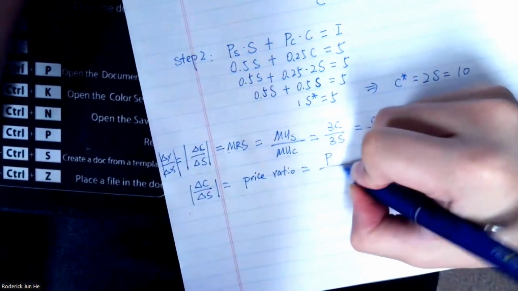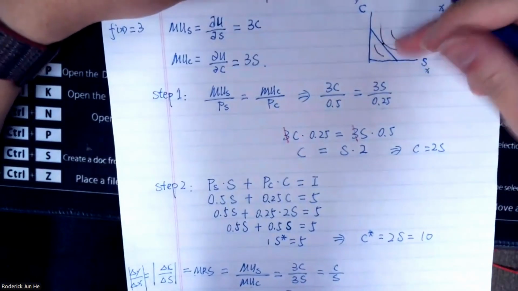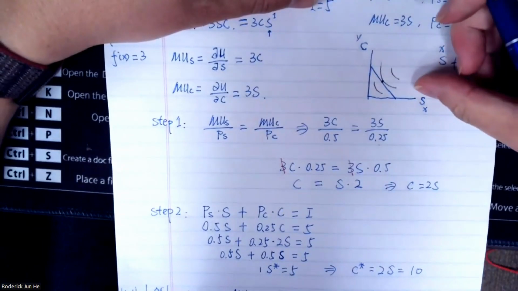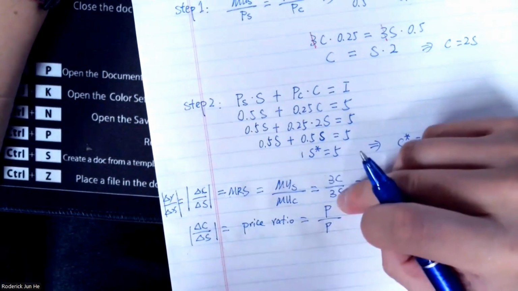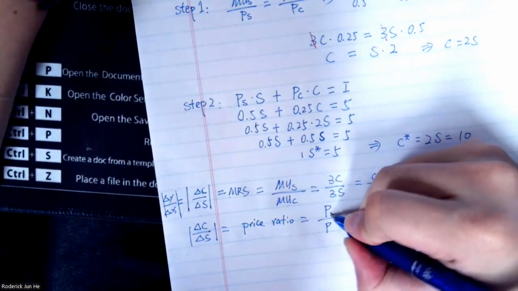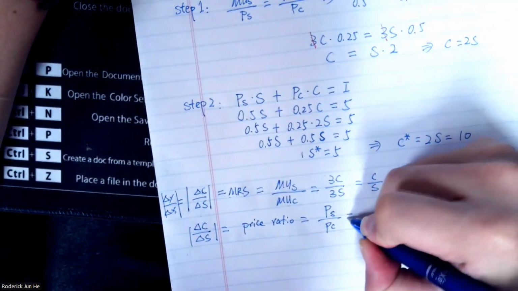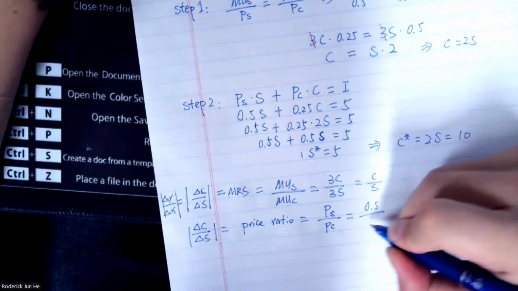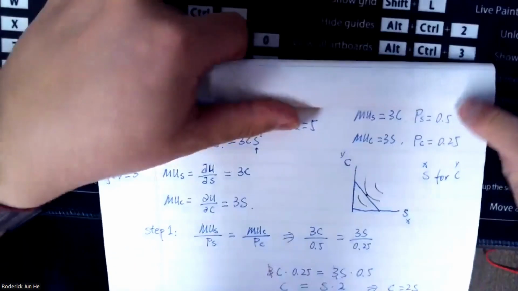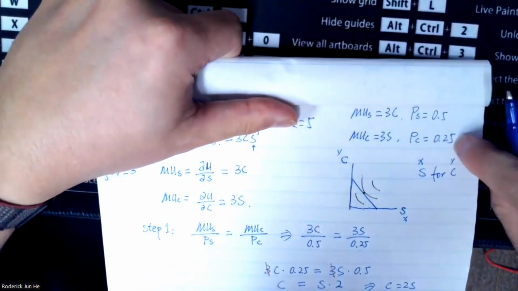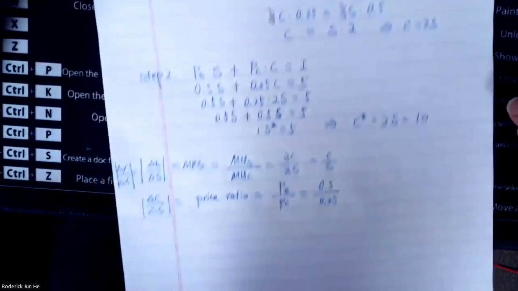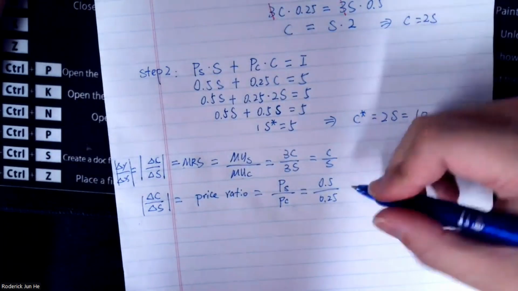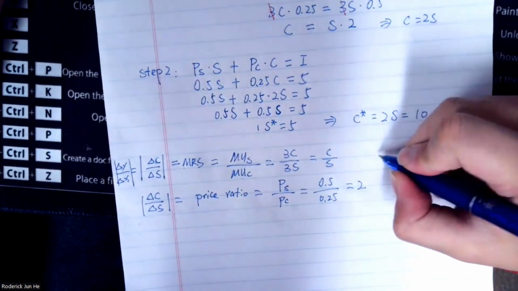But what is this price ratio? It is also flipped. It was considered C being the top, and here it is actually the opposite, PS over PC. So that would be, in this case, delta 5 over delta 0.5, because PS is 0.5, PC is 0.25. So the result is 2.